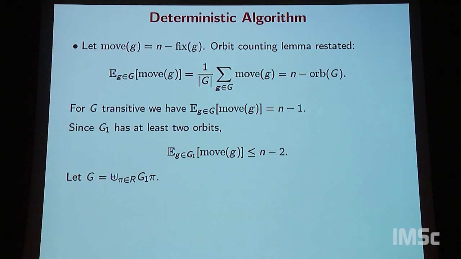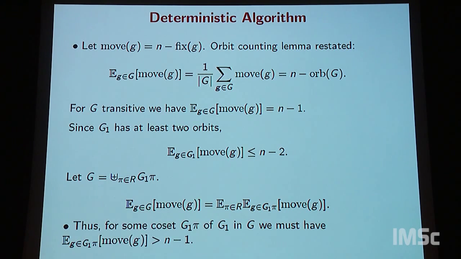And G is a disjoint union of right cosets of G sub 1. Therefore, I can break the expected value of mu of G into 2 parts: the expectation over the coset representatives and the expectation over the cosets. And at least one of which is at most n minus 2. So I know that there is some coset for which the expected value is more than n minus 1.